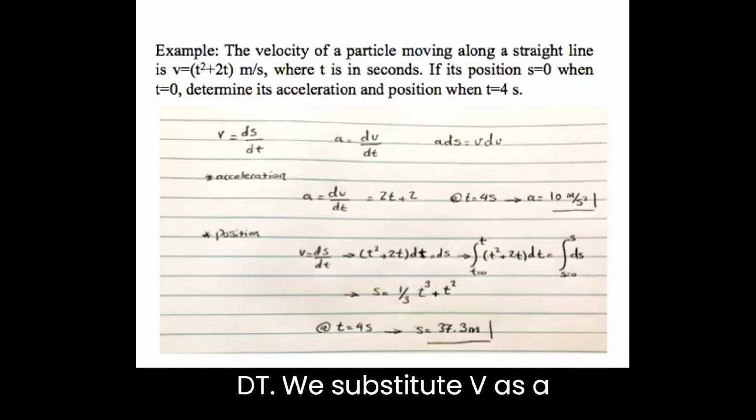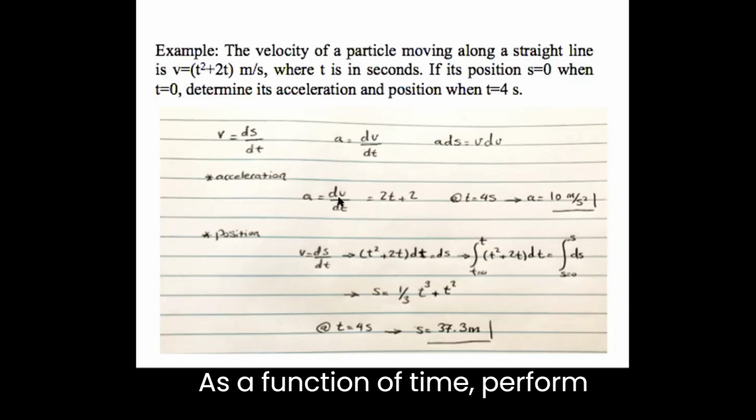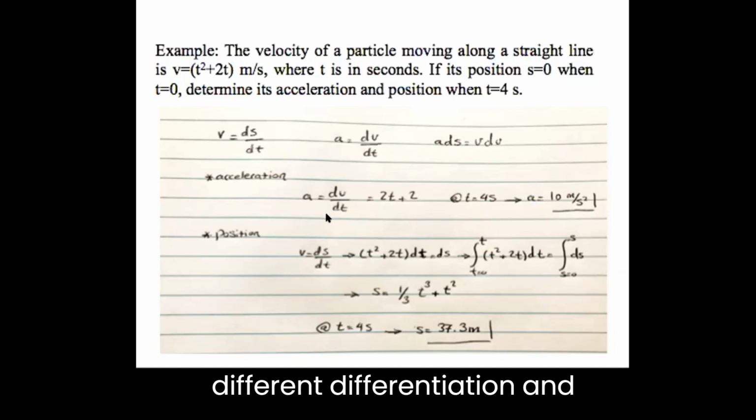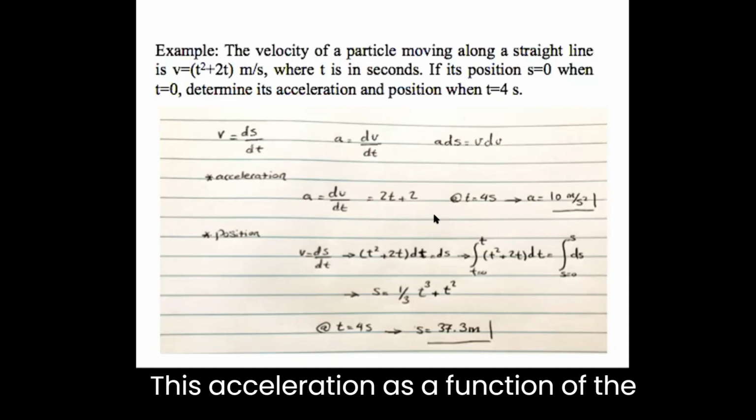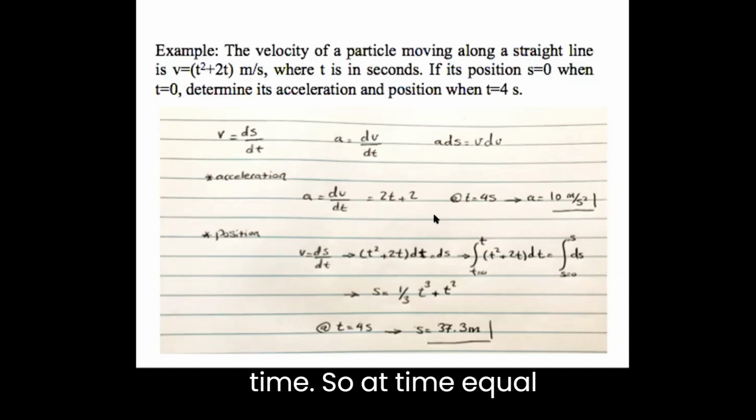We substitute v as a function of time, perform differentiation and get a(t). This is the acceleration as a function of time. So at time equal 4 seconds, the acceleration is 10 meters per second squared.